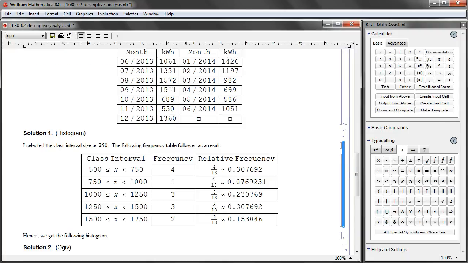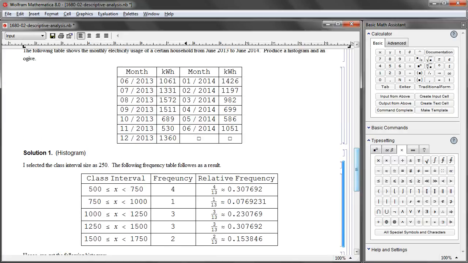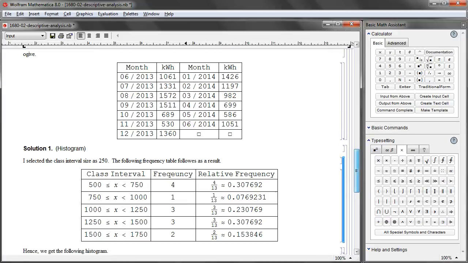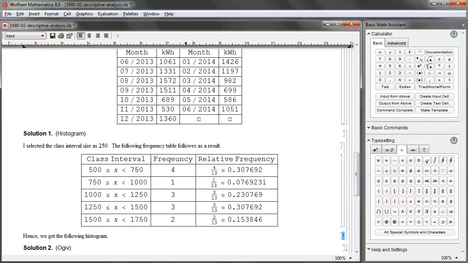Here is the class interval and frequency. Between 500 and 750, there are 4 such months. Between 750 and 1000, 1 such month, and so on and so forth. And here is the histogram.